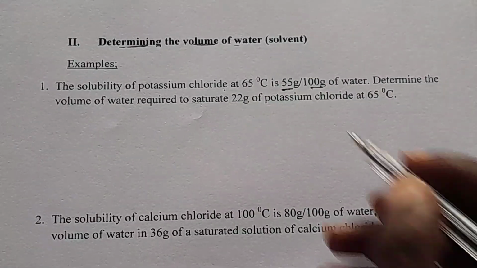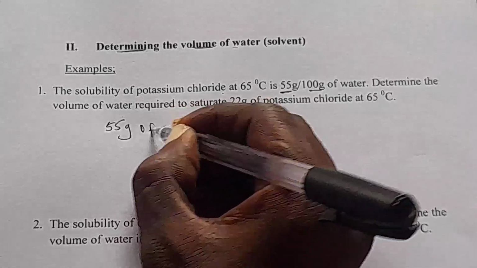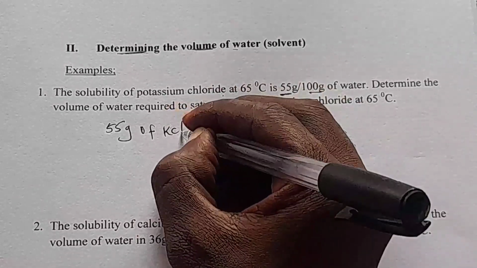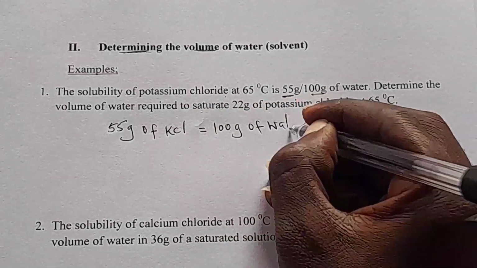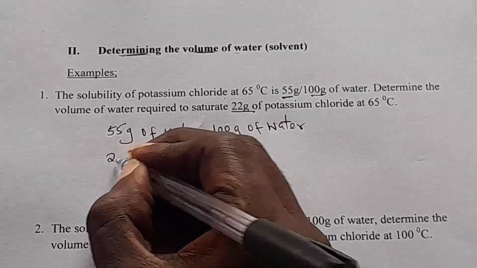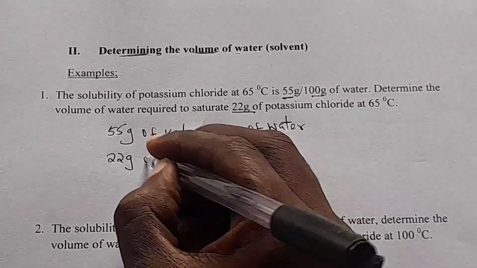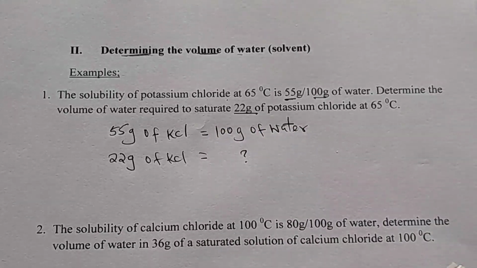So what are we going to say? We are going to say 55 gram of the solute, that is the potassium chloride, is dissolved in 100 gram of water. So we ask ourselves, what about 22 gram of potassium chloride? In what mass of water has it been dissolved?